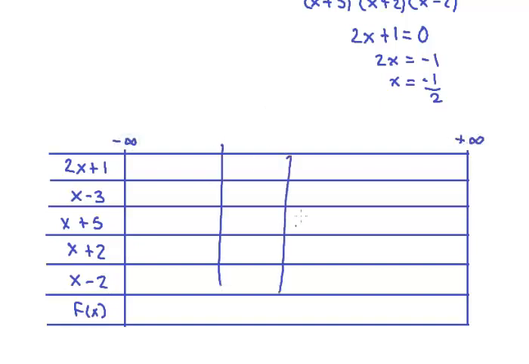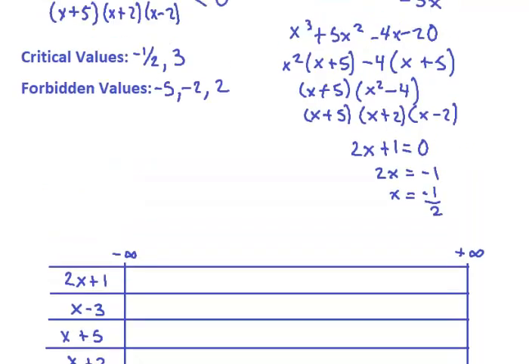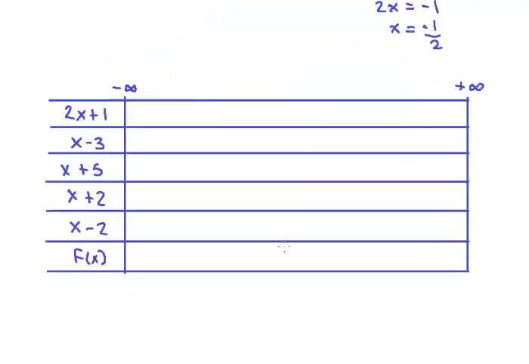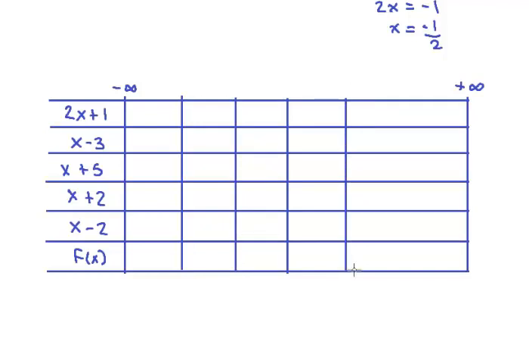In between, I need to make vertical lines, one vertical line per value. Since I have 5 values in here, I need to make 5 vertical lines. So, 1 vertical line, 2 vertical lines, 3 vertical lines, 4 vertical lines, and 5 vertical lines.